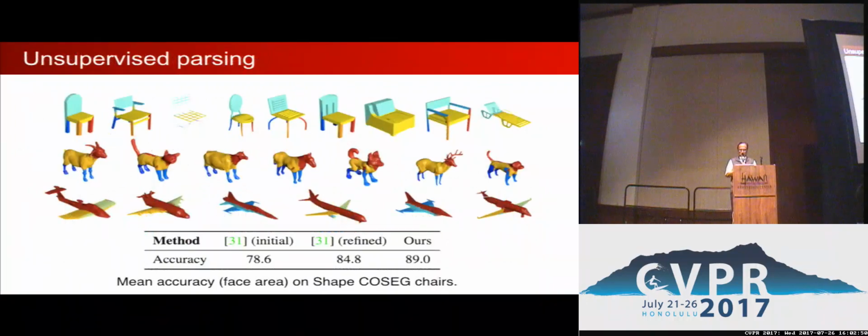This is simply a way to measure how well this method does compared to others, and here we can see that it actually outperforms some other methods that are more classical in terms of the area of the faces of the primitives involved.